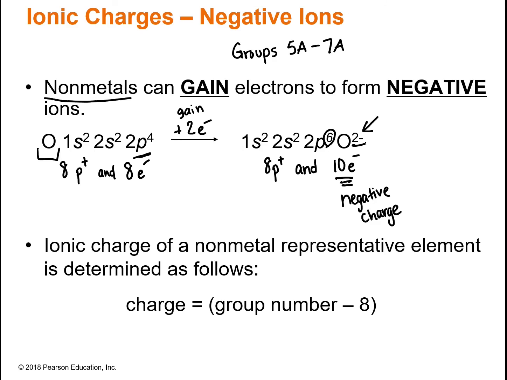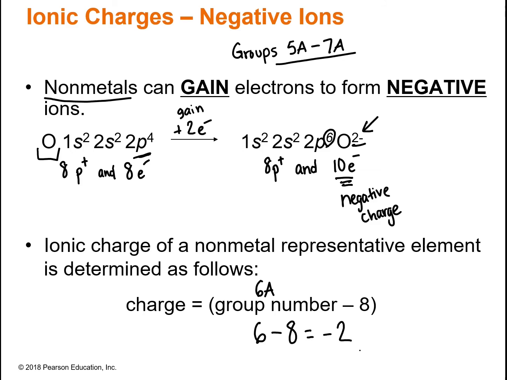In general, to determine the ionic charge of a nonmetal that's a representative element, so again, 5A through 7A, you're going to take the group number, so we'll use the one for oxygen. Oxygen is in group 6A. You take that number, the 6, and subtract 8.